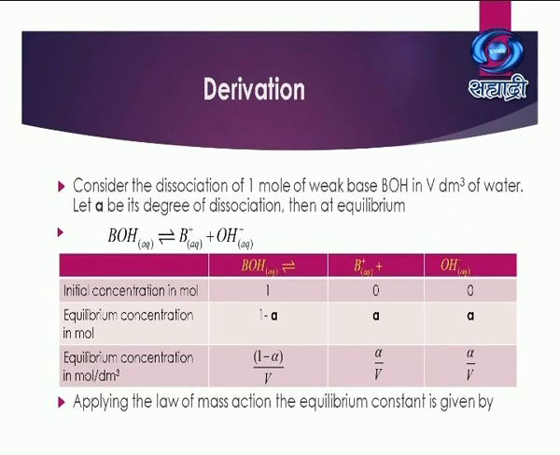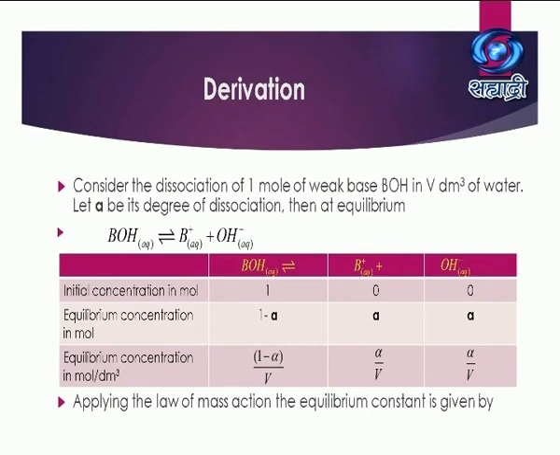Now let us consider 1 mole of a weak base BOH. Now since it is a base, we are taking the general weak base as BOH. It is dissolved in V dm cube of water. At equilibrium, same as before, alpha is the degree of dissociation. So the equilibrium is BOH aqueous reversibly gives B plus aqueous plus OH minus aqueous. Now let us prepare the table to find out their active masses.